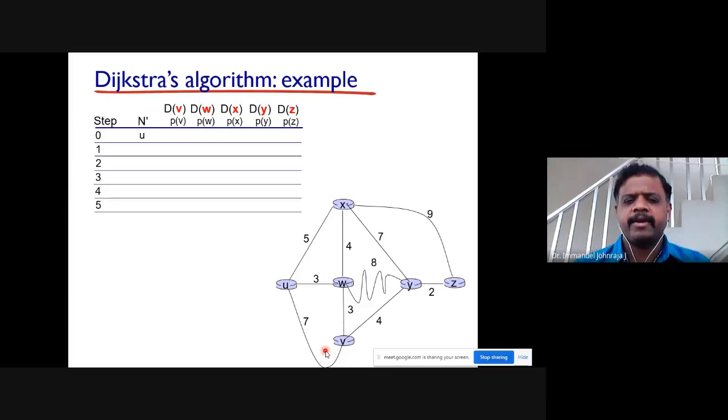Don't miss the story here. Kindly give your maximum concentration. So u is directly connected to x, w, and v. From u to go to x, what is the cost? 5. So D of x is going to be 5. What is the predecessor of x? It is u.